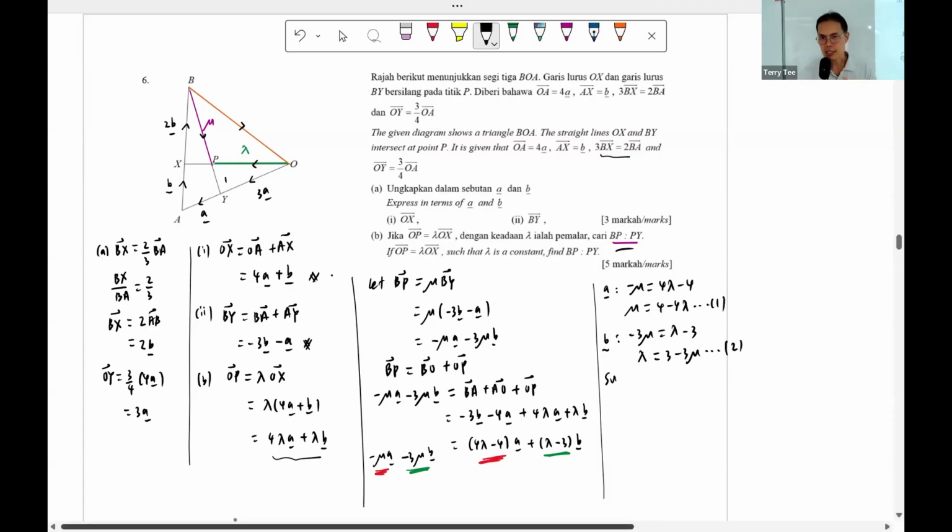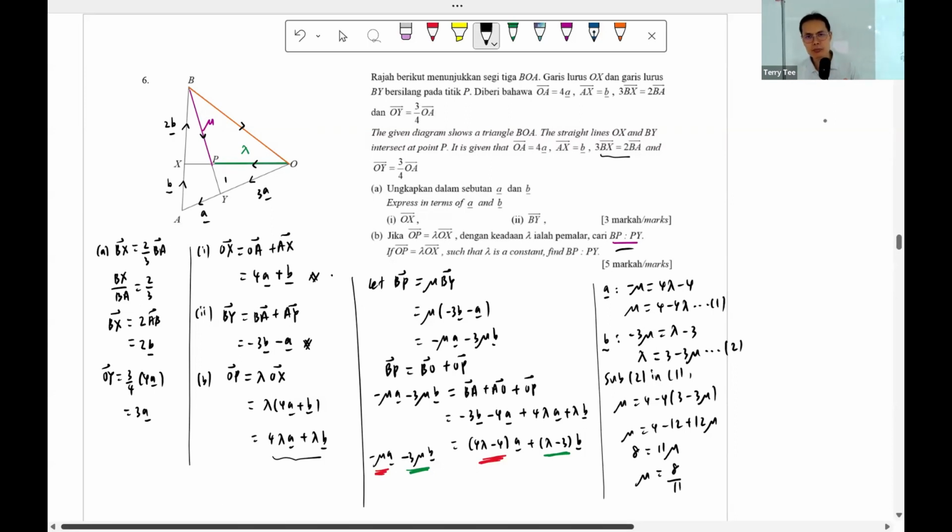So from here, I'm going to sub equation 2 inside equation 1. Your mu is 4 minus 4 times your lambda, which is 3 minus 3 mu. Expand the bracket, 12 mu. I can bring this 8, negative 8 thrown to the left is 8. The other one is 11. Mu is 8 over 11.